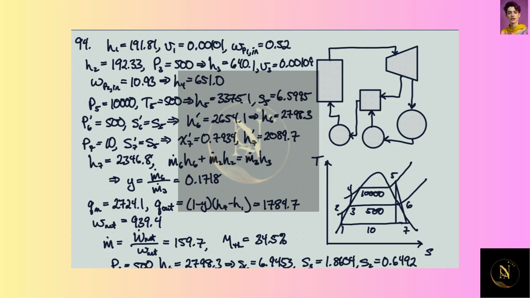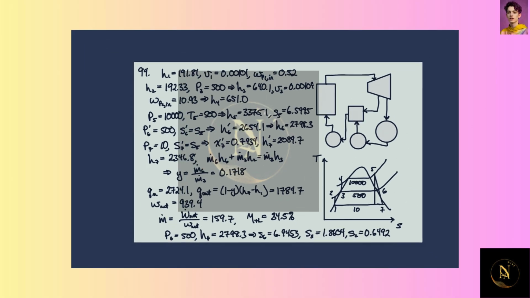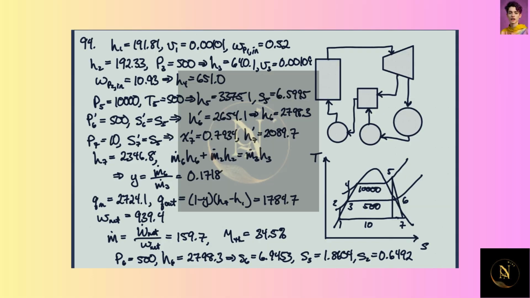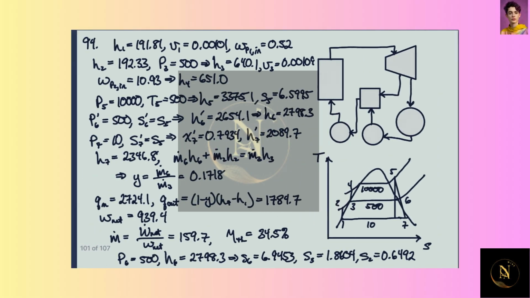This problem we have, let's see here, we have a Rankine cycle with a regenerative phase to it. We have a net power output of 150 megawatts, which maybe did I neglect to put that in here somewhere?